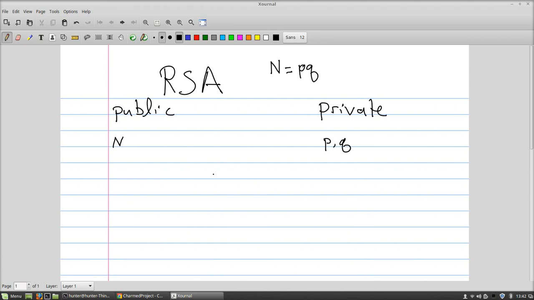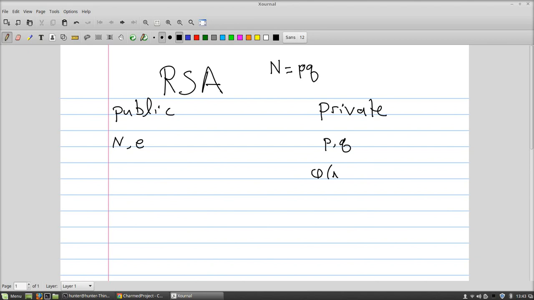Okay, so there's some more public information. N is public, and also this little thing E, the exponent. That's what E stands for, and E can be any number relatively prime to phi of n. By the way, that phi of n is also private.